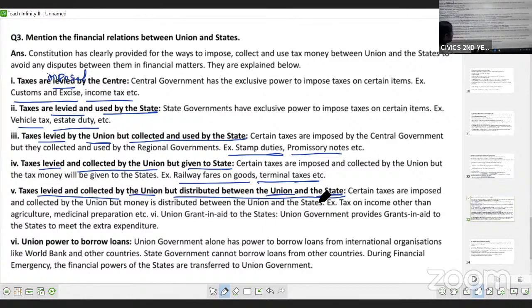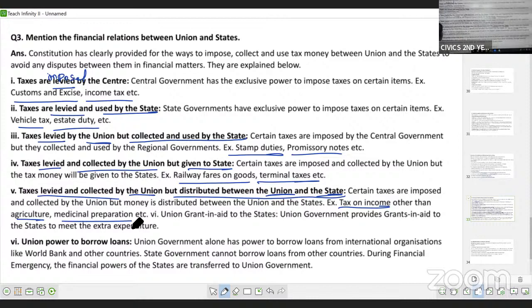Example, tax on income, your income tax other than agriculture. When you are paying tax on agricultural land, you pay it to the state government, but income tax other than agriculture you pay to the central government, and that money is divided between the center and the state.